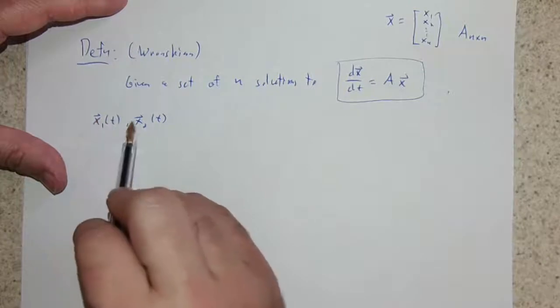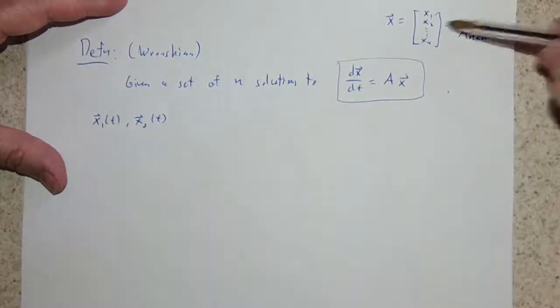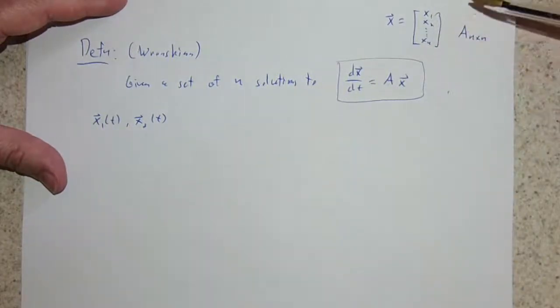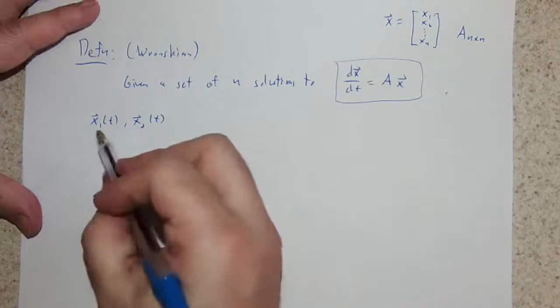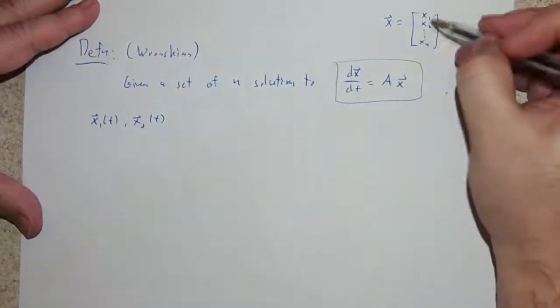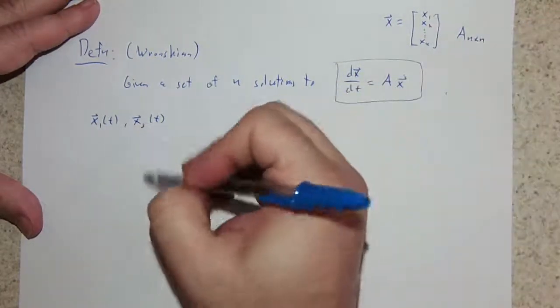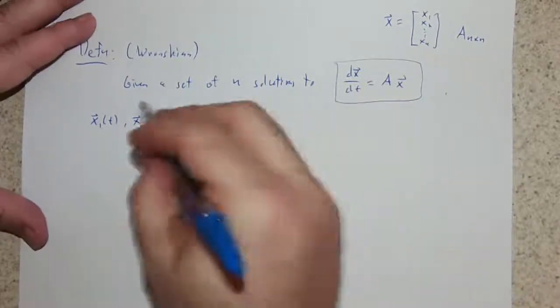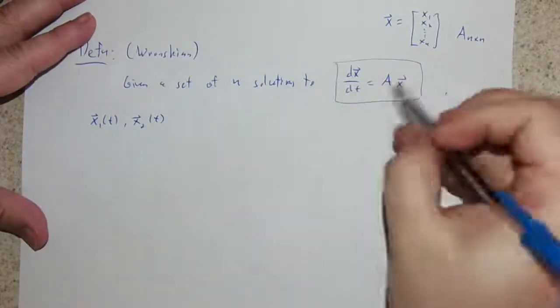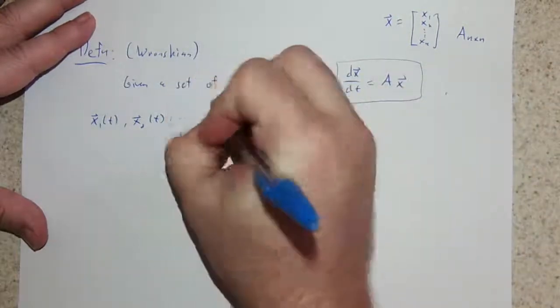These, of course, have the bar over them to indicate that they're vectors, whereas these are scalar valued functions. So these are not the same objects, and I know that's a little bit confusing. Technically, this would have n components that would match these, and this would also have n components that would be different in some way. That's how this would work. So given a set of n solutions to this, if I write them out, here they are.